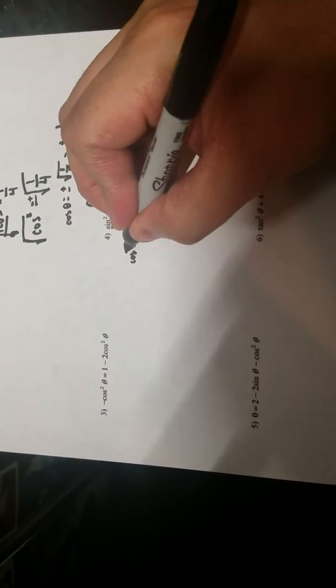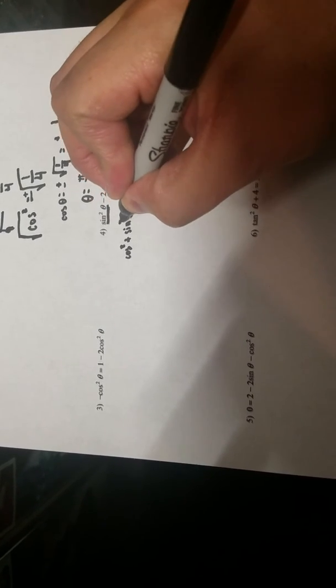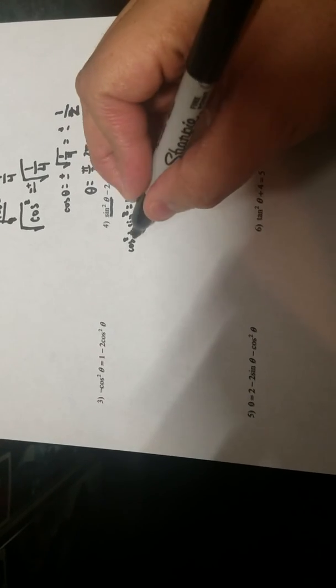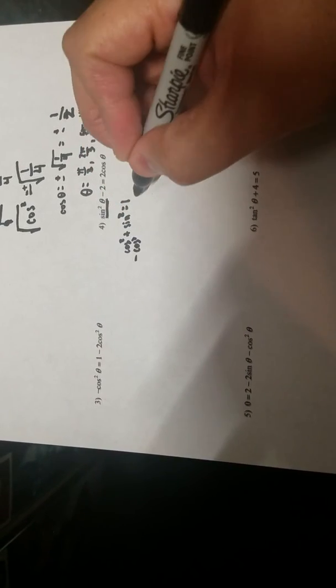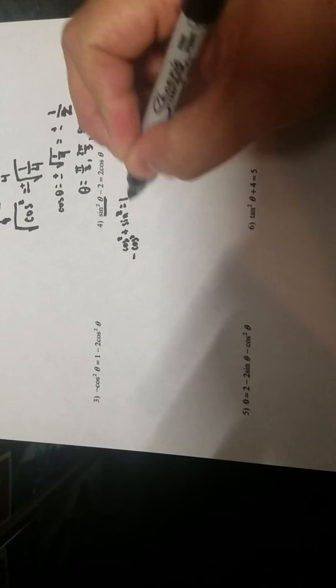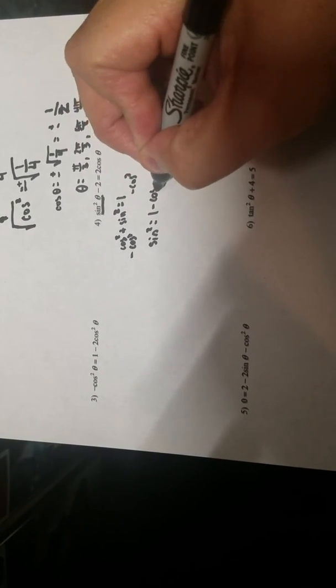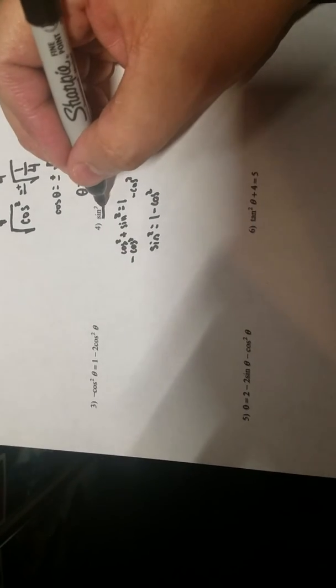So since this is squared, we have an identity: cosine squared plus sine squared equals 1. Okay, what I'm going to do is change it so this equals sine squared. So I'm going to subtract cos squared, so sine squared equals 1 minus cosine squared. That's what I'm going to replace with sine squared.